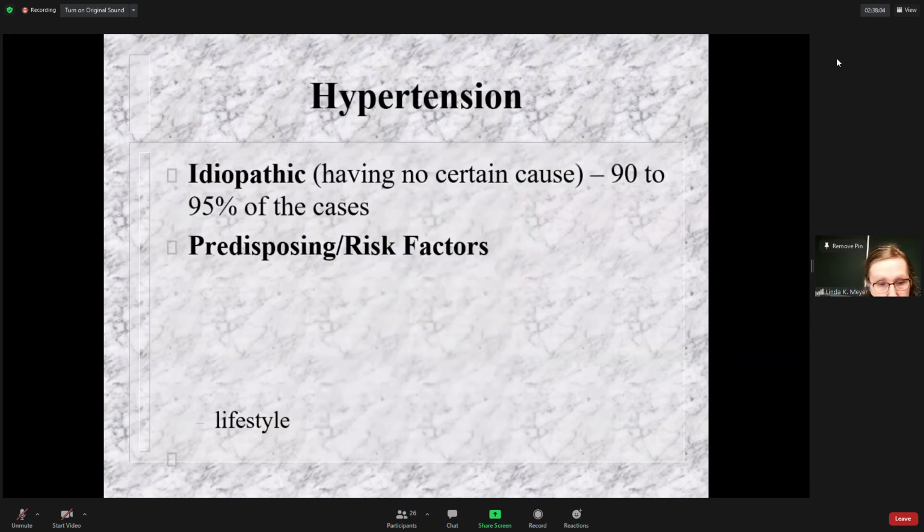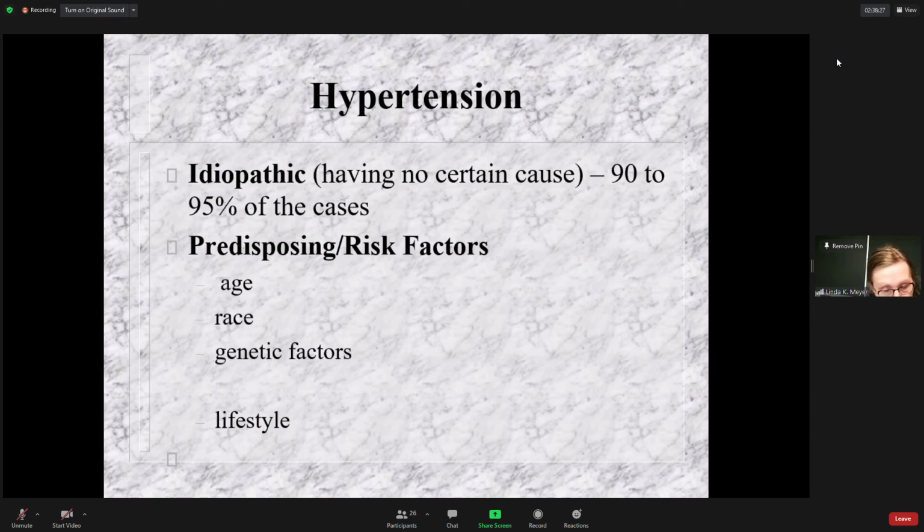Hypertension is classified as idiopathic, with 90 to 95% of the cases having no known cause. But again, using hypertension as an example, there are different risk factors that relate to it.